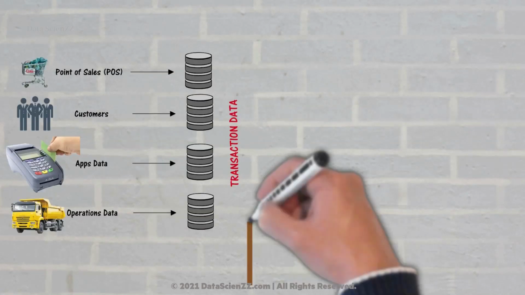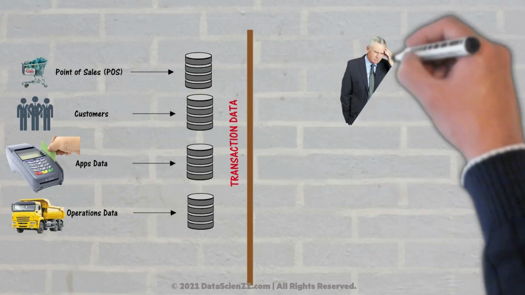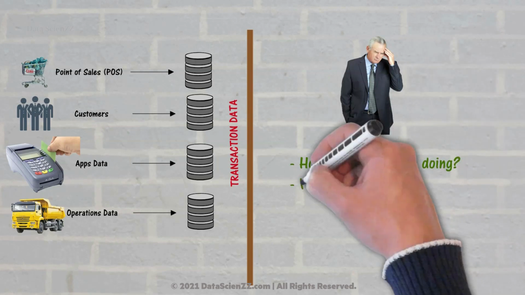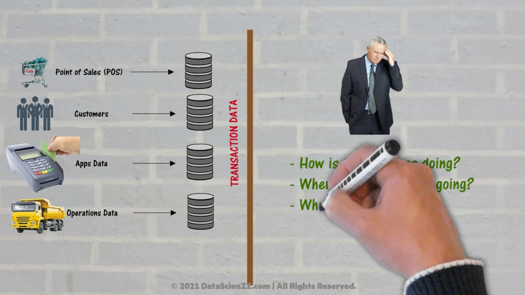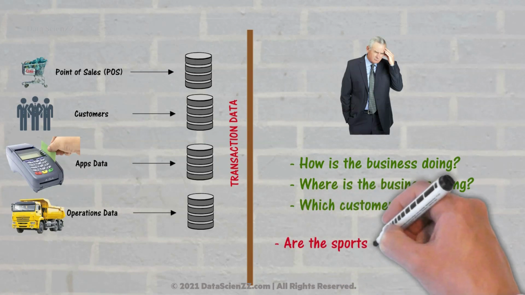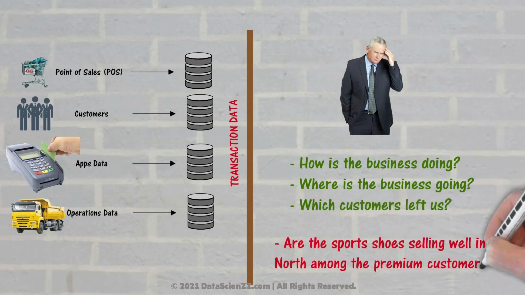Now, after some time, as the CEO of a retail chain, you may like to have an overall view of your business, like how is it going, where is it going, and other specific queries, to help you make better decisions. For example, you may want to check if sales for sports shoes are increasing among the premium customers for the North region.